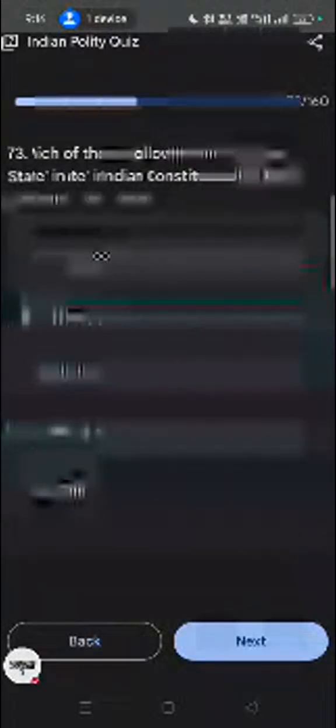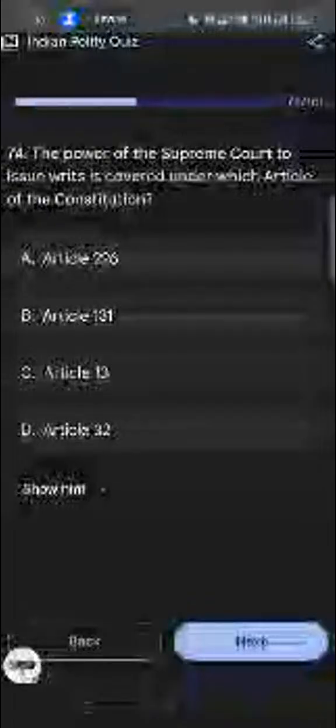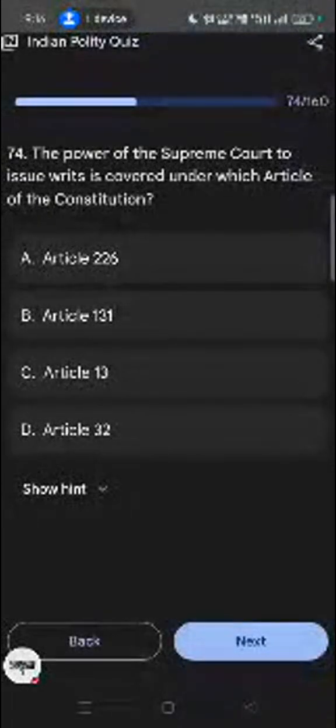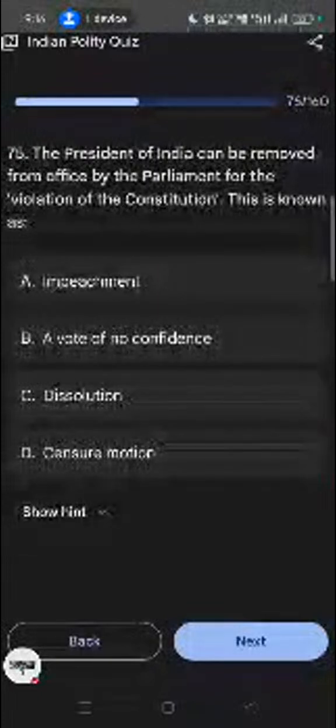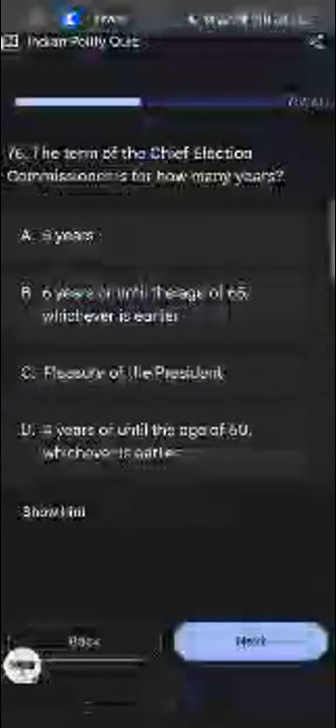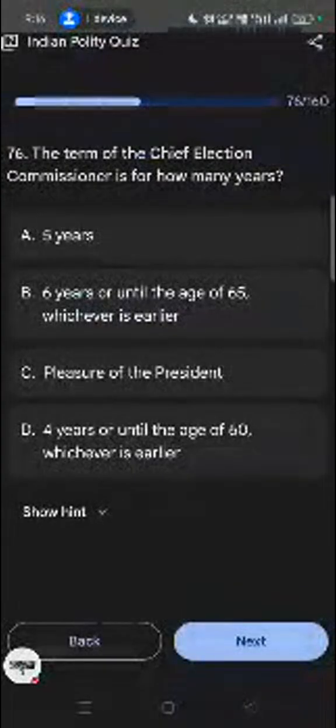The power of the Supreme Court to issue writs is covered under which article? The President of India can be removed from office for violating the Constitution, known as impeachment. The term of the Chief Election Commissioner is 5 years or 6 years. 6 years, I think.